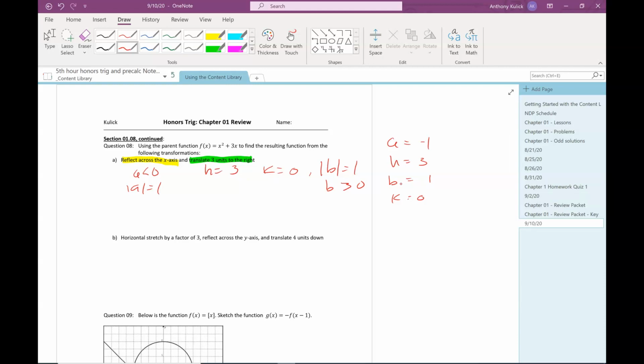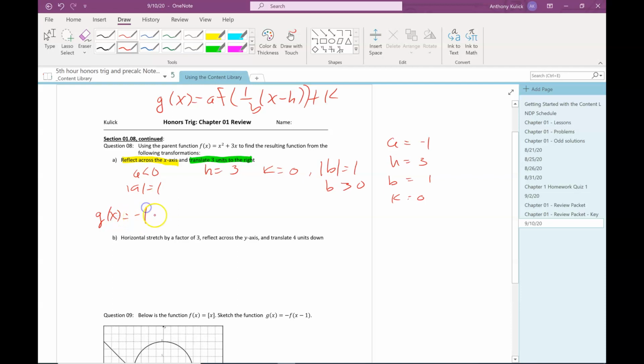Okay. So what I'm going to do then is take my general transformation, g of x equals a times f of 1 over b times x minus h, plus k. And I'm going to fill in my values now.